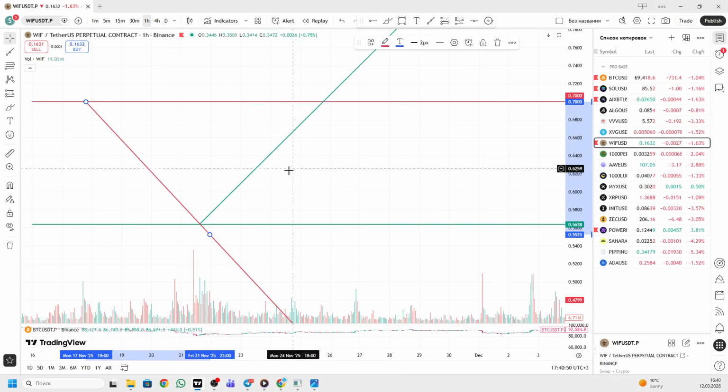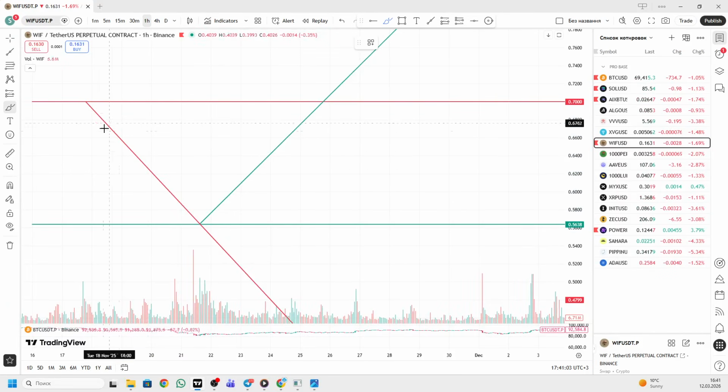I know this sounds very simple, but a lot of people actually make mistakes here. And look, here the asset, for example, moves like this, down along the trend. It goes down like this.